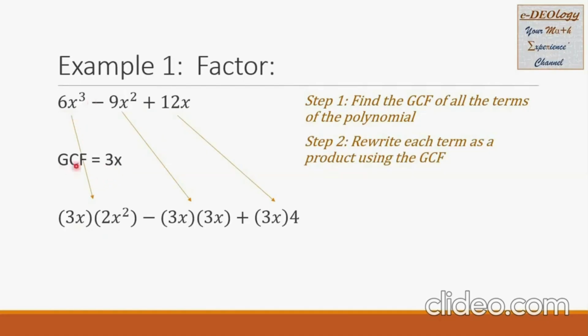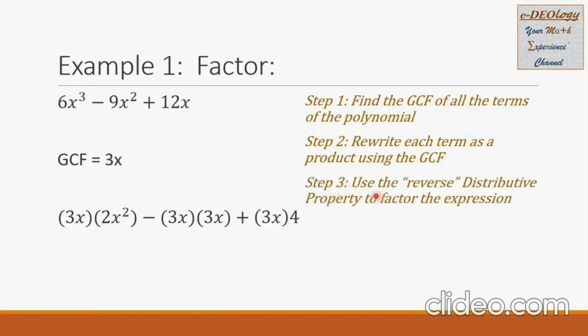So the 6x cubed is now factored into 3x and 2x squared. The second term, negative 9x squared, is factored into negative 3x, the GCF, times 3x. For the 12x, the factors are the GCF 3x and the number 4.